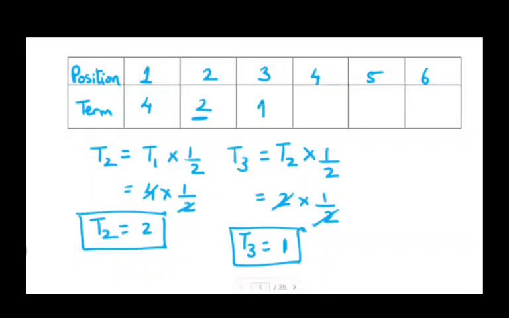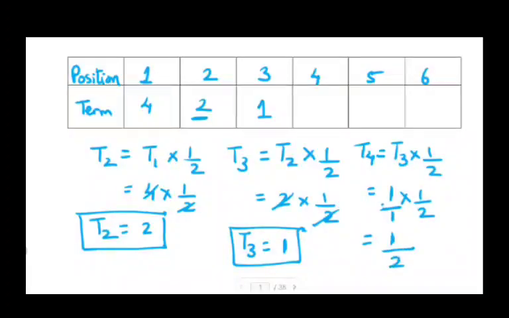What's my T4? T3 into half, which is equal to 1 into half, which is equal to 1 into 1 gives me 1. No denominator means multiplied by 1. So what is my T4? It is half.